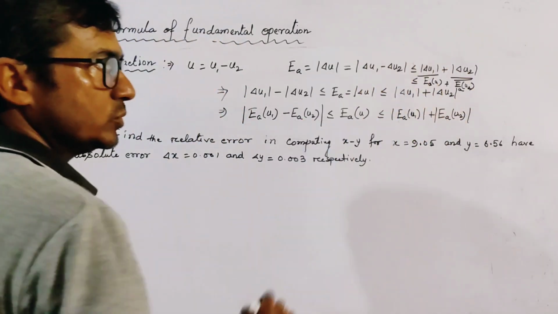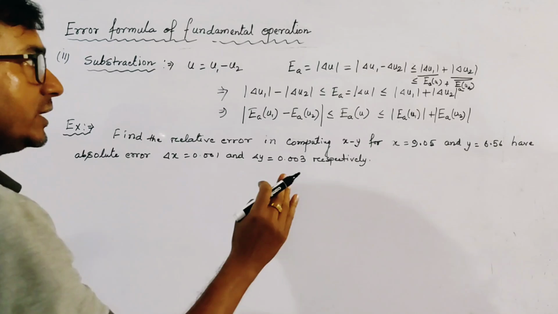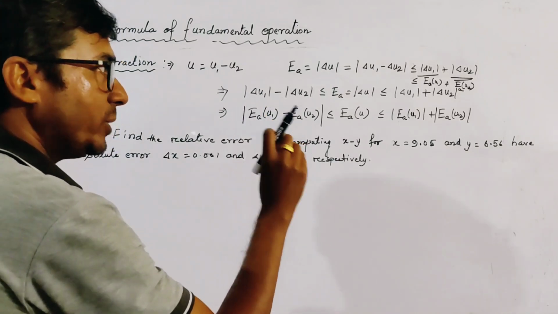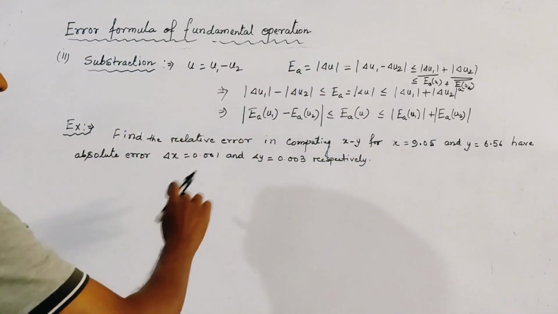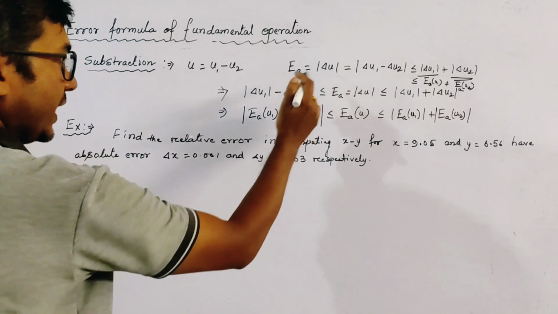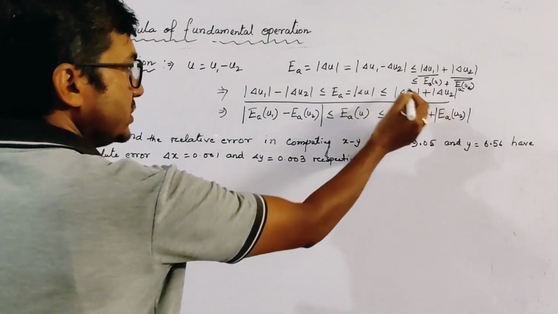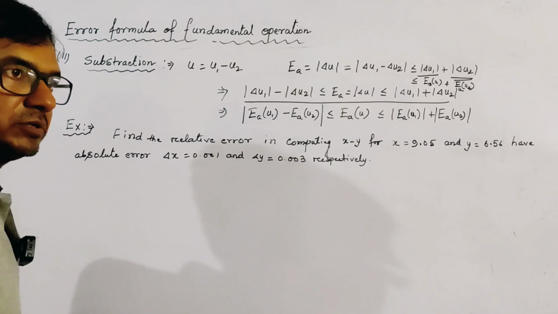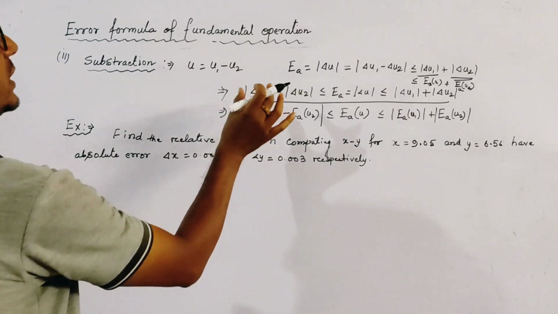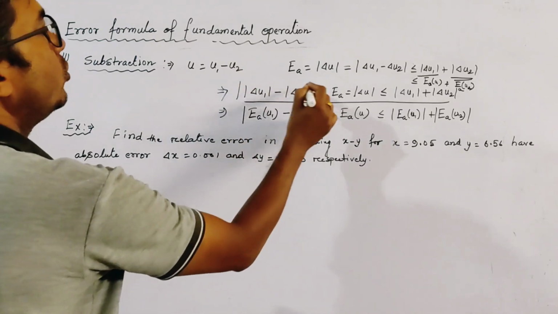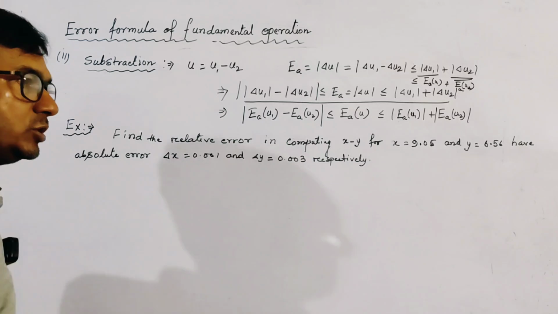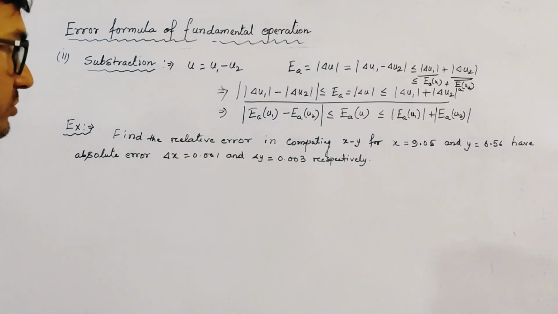This is less equal to. Now similarly, we use the property of modulus in the left side. We can write this result as this also. Okay, right side is positive and left side is negative.